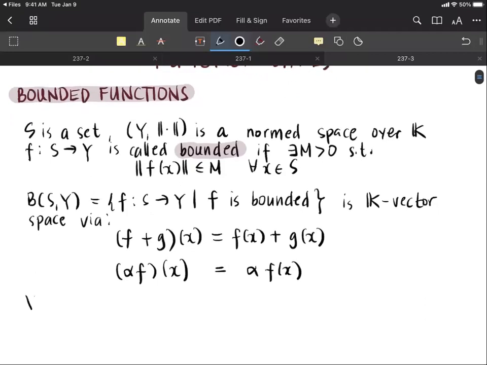Here, of course, f and g are in the space of bounded functions from S to Y, and alpha is a scalar.